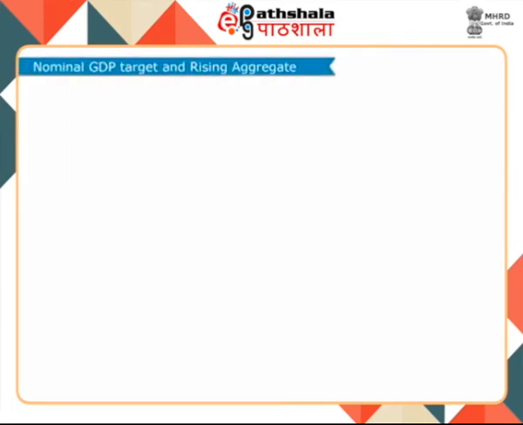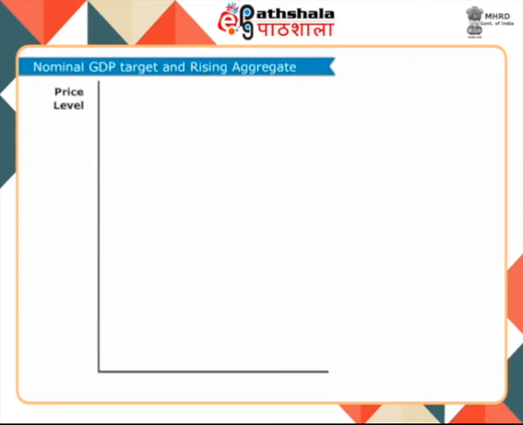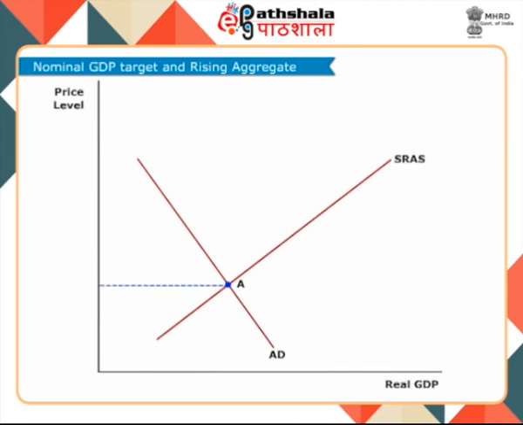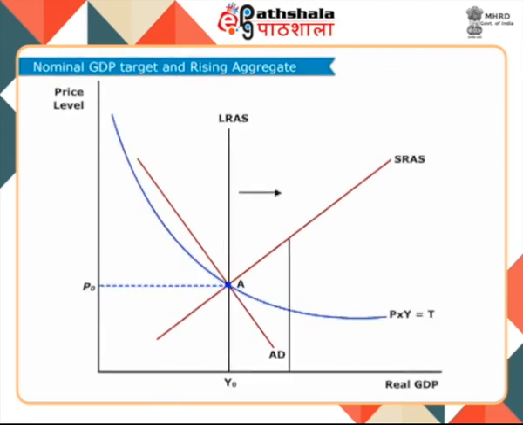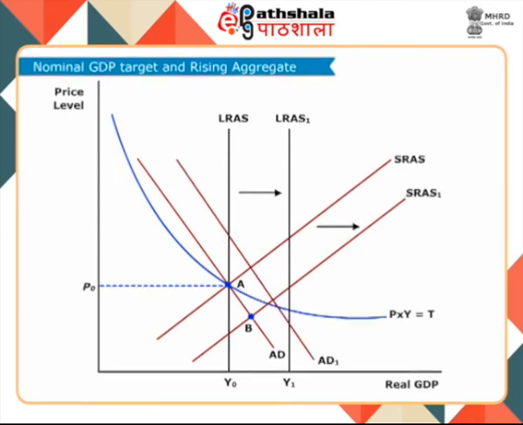Let us now illustrate the case of nominal GDP targeting with a rising aggregate supply curve. In the figure, starting at point A, a rightward shift in aggregate supply causes the price level to decline and real GDP to rise. The new short-run equilibrium at point B violates the nominal GDP target and calls for the RBI to increase the money supply and hence raise aggregate demand to AD1.